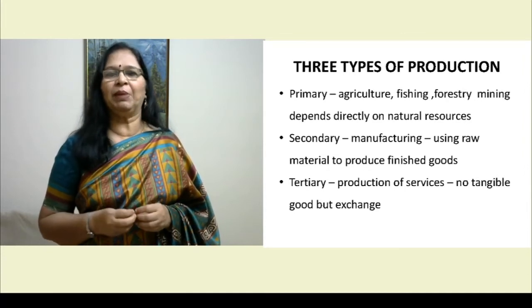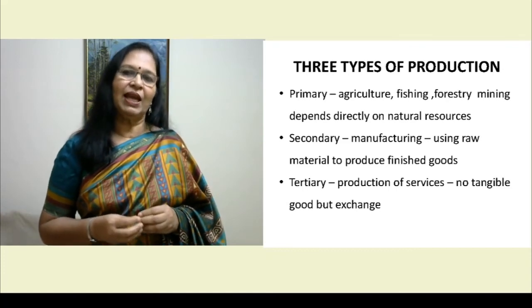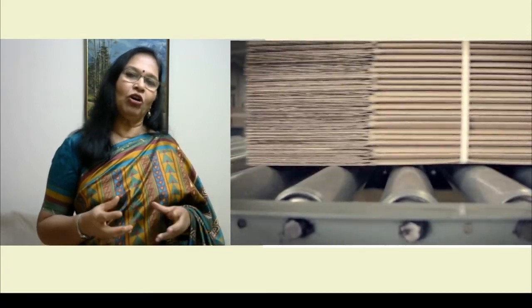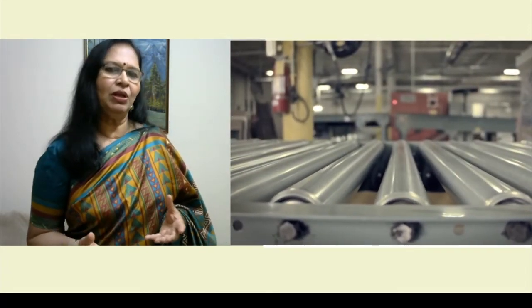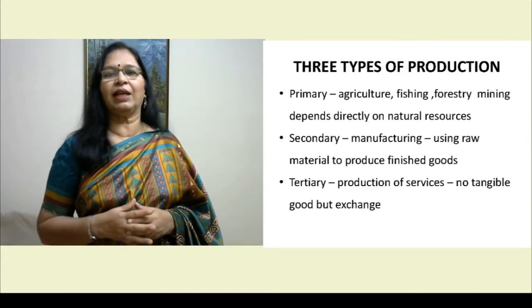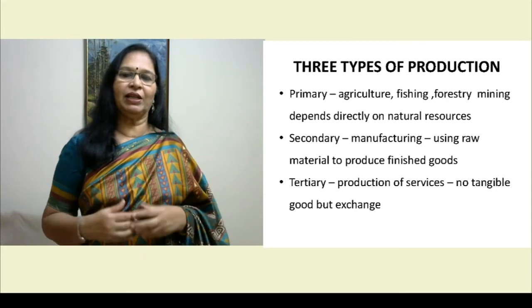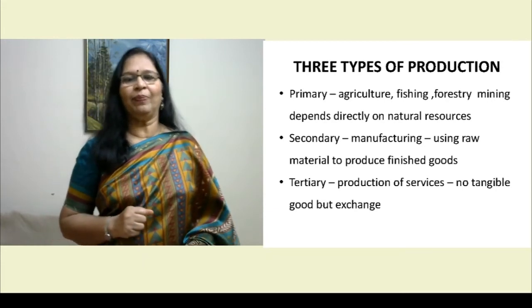They directly depend upon natural resources. The second one is called secondary activities, and these use finished, semi-finished or raw material from the agriculture sector for processing. For example, sugar and cloth are secondary sectors because we are using the raw material from the agriculture sector or from the land, and therefore we call them secondary activities.